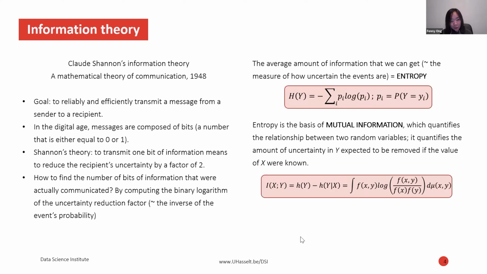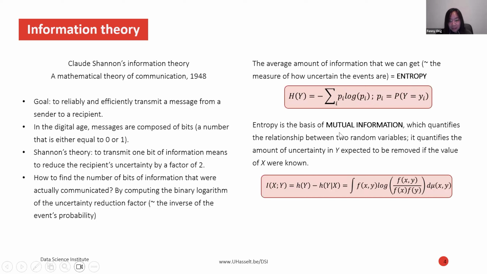In Shannon's theory, to transmit one unit of information means we reduce the recipient's uncertainty by some factor. We can compute the average amount of information that we can get, and we call this measure entropy. Entropy can also be defined as a measure of association or a measure of uncertainty about a random variable.